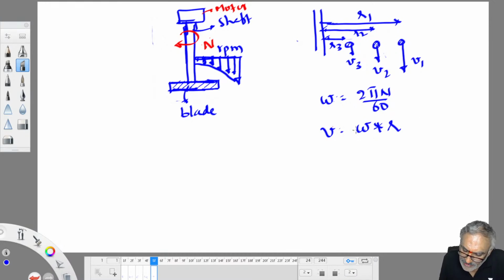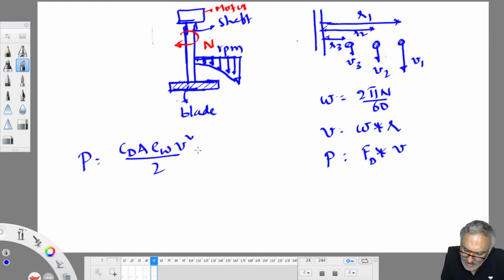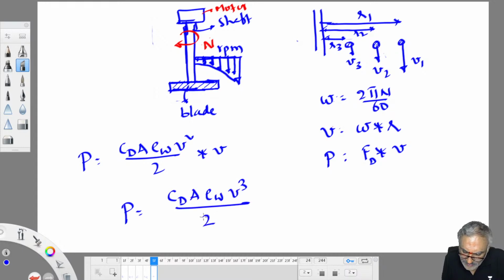So we got V. Then power P is equal to force into velocity. What is that force? Drag force. The drag force is Cd A rho_w V square by 2, so power is equal to Cd into A into rho_w into V cube by 2.